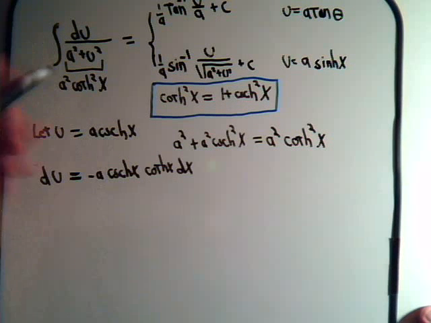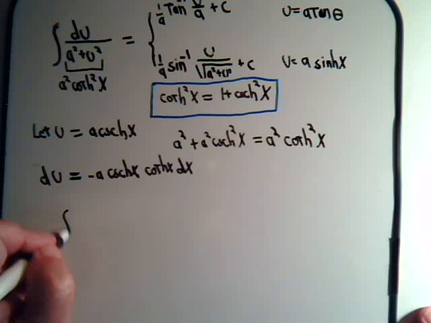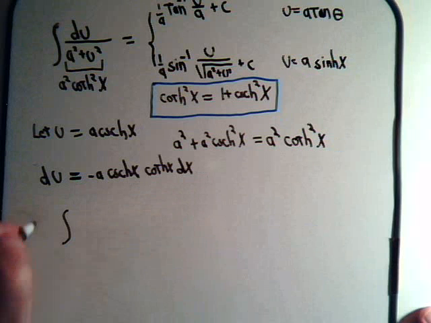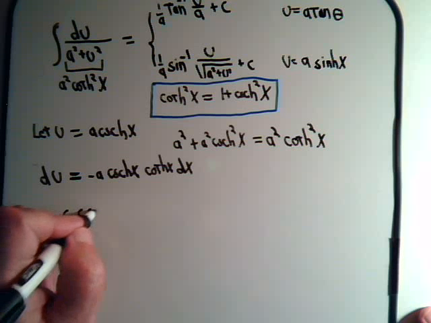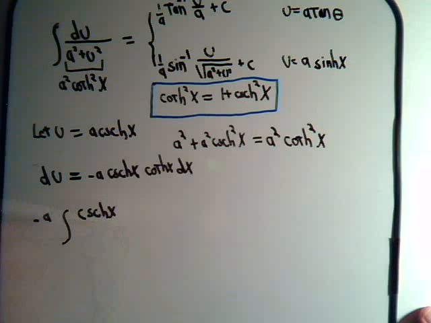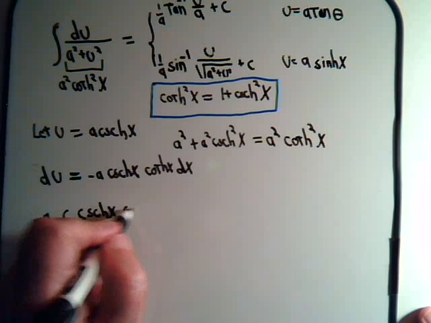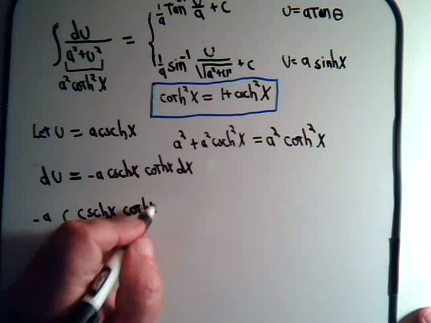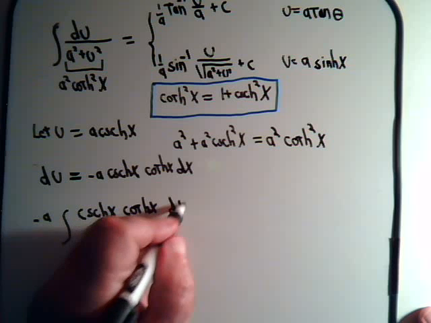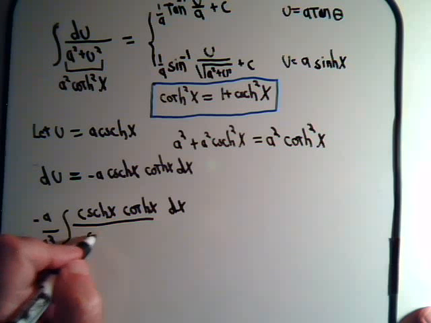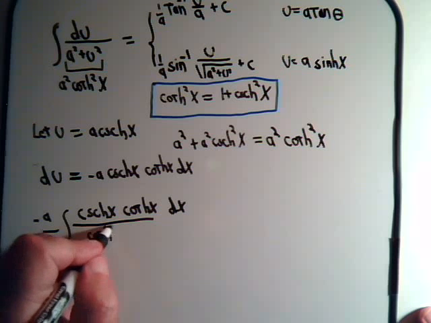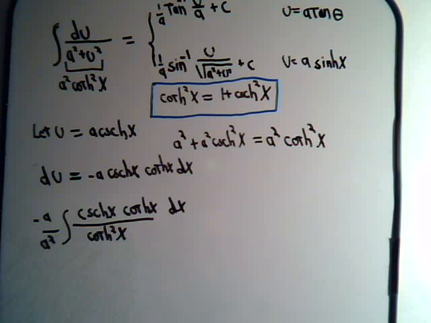So this integral here now becomes the integral of, here's du, minus a hyperbolic cosecant of x times the hyperbolic cotangent of x dx, divided by this, take the a to the outside, a squared, and we have the hyperbolic cotangent squared of x.